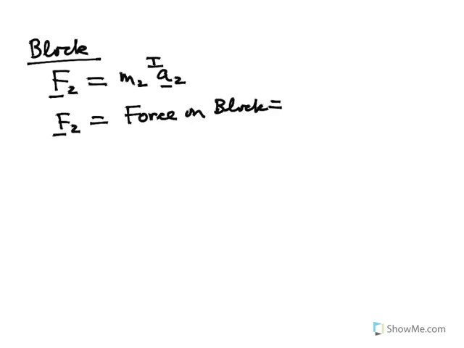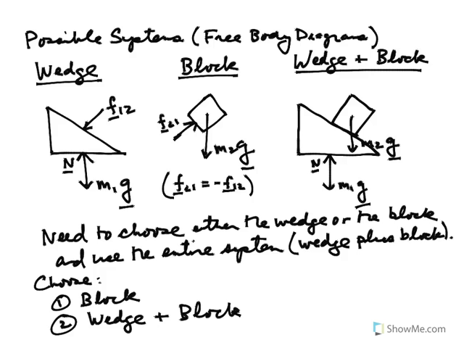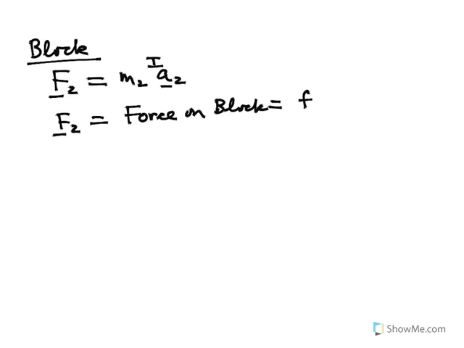is equal to, well, let's go back here. It's F21 plus M2 times G. Well, F21, since I don't know whether F21 acts in positive EY or negative EY, I'm just going to assume it's F21, and I'm just going to keep it positive, so it's little EY.